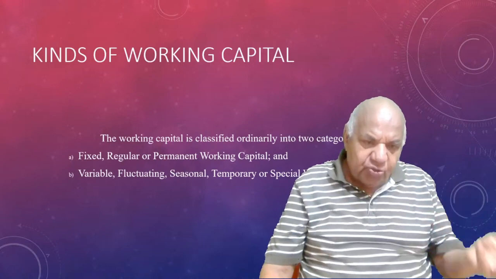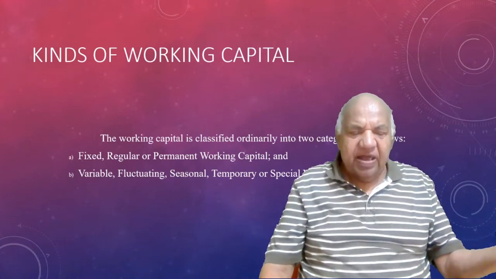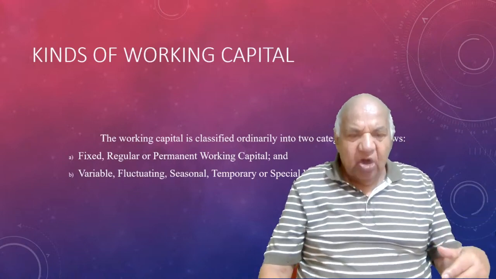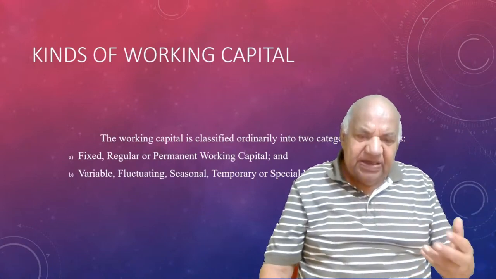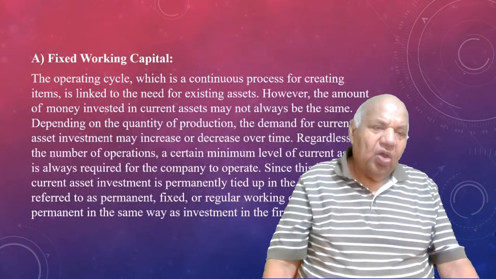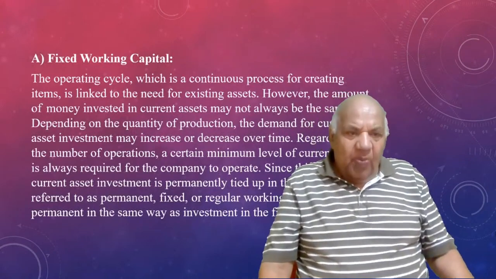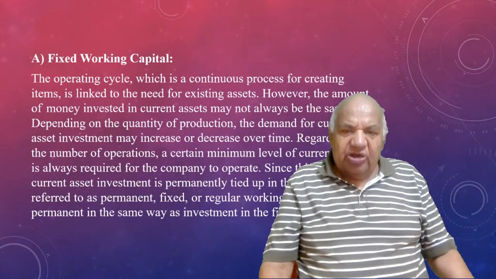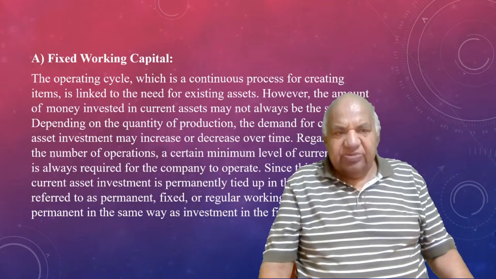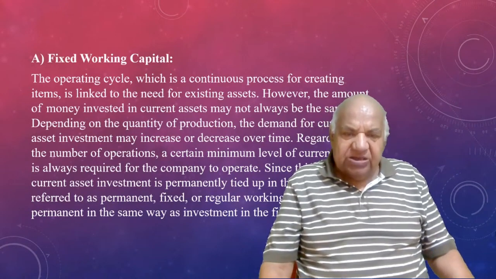Variable, fluctuating, seasonal, temporary or special working capital, which arises due to some special circumstances. Fixed working capital. The operating cycle, which is a continuous process for creating items, is linked to the need for existing assets.